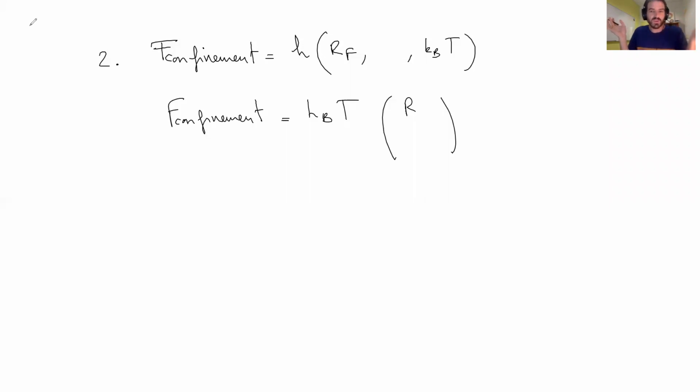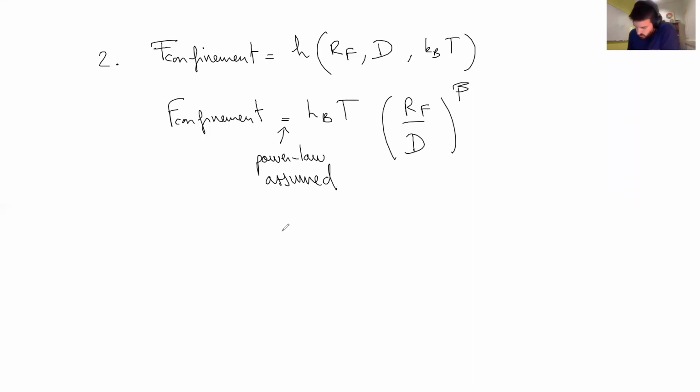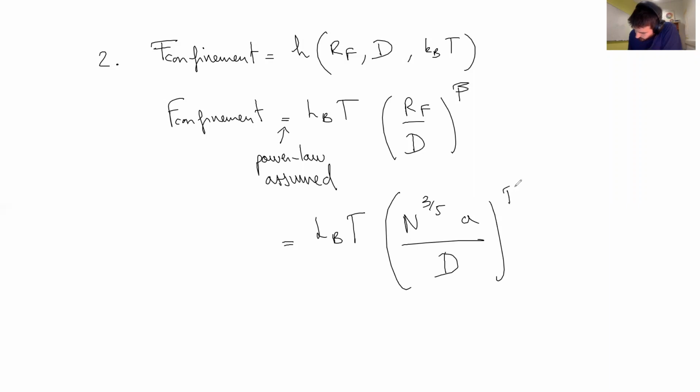L is another observable, and we will discuss it in a minute. So it's D here. So I have a certain power law, if I assume power law assumption, okay? I'm looking at scaling regimes. That's a very general relation, and so it will be something like n^(3/5) A divided by D to the power beta. All right.